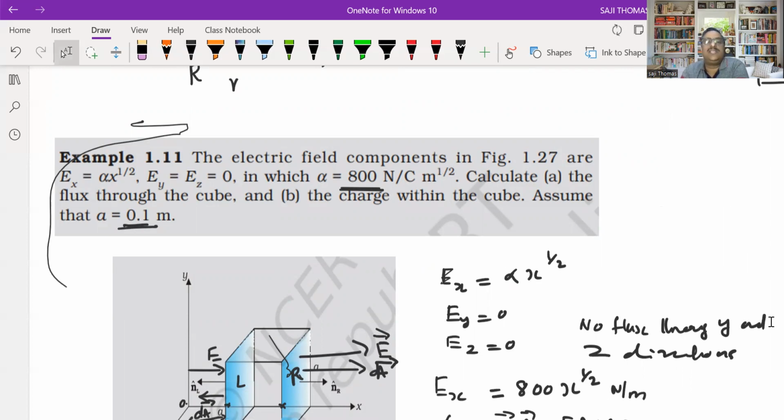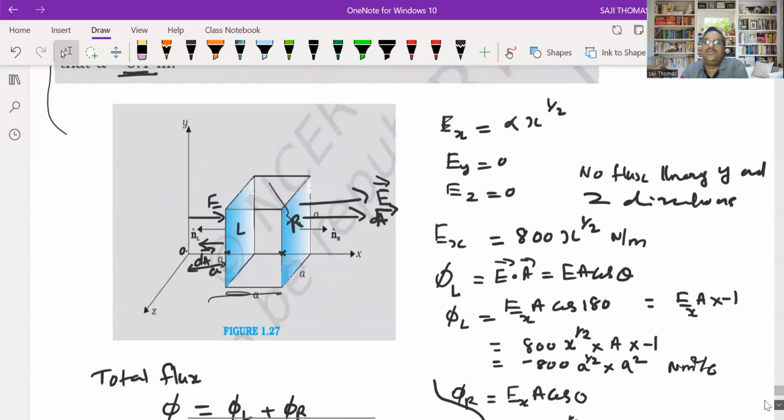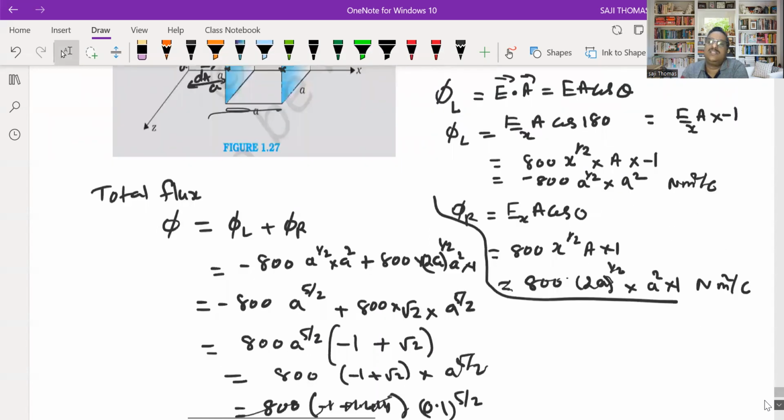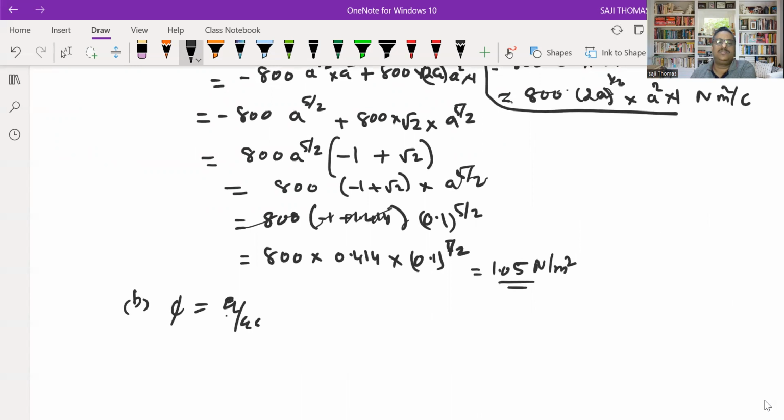What is the second question? What is the charge inside the cube? You now know how to find the charge: apply Gauss's theorem. You know the flux. So phi equals Q by epsilon 0, so the charge is phi times epsilon 0.